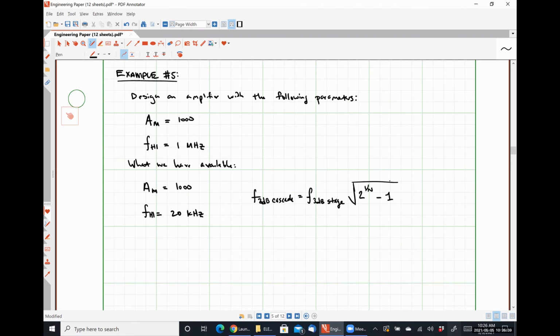Okay. So we know that one stage isn't enough because we obviously don't meet the bandwidth requirement. So somebody take a stab in the dark and tell me how many stages you think this is going to take.